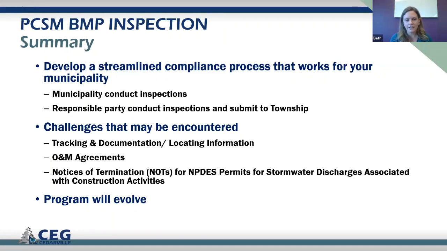And a lot of times, O&M agreements that exist may not have that specifically in there, that a responsible party is required, or that it may have just that a responsible party has to submit whatever operations and maintenance activities they conducted for a year. If you feel like you can rely on that information, it's still going to take a lot of time to track it and obtain it.